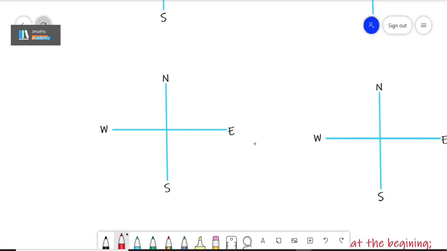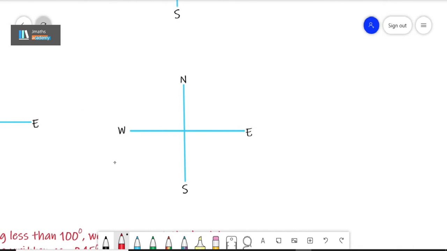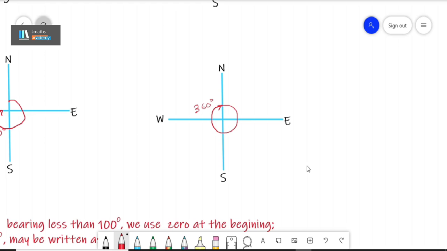Meanwhile, for this point, we are moving in a clockwise direction from north to west at 270 degrees. And lastly, for this cardinal point, we are moving 360 degrees in a clockwise direction from north and back to north. So we have here 360 degrees. So this is what the 3-digit system implies.